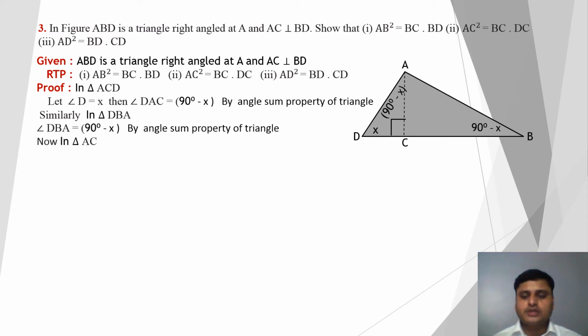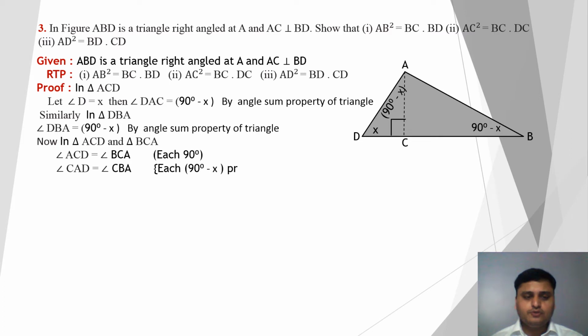Now let's take two triangles. One triangle is ACD, another triangle is BCA. In these two triangles, angle ACD is equal to angle BCA, each 90 degree. After that, angle CAD is equal to angle CBA, each 90 degree minus X, as proved above.